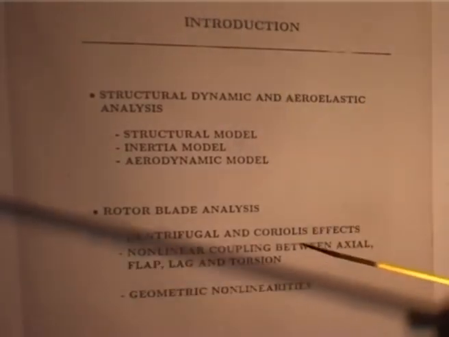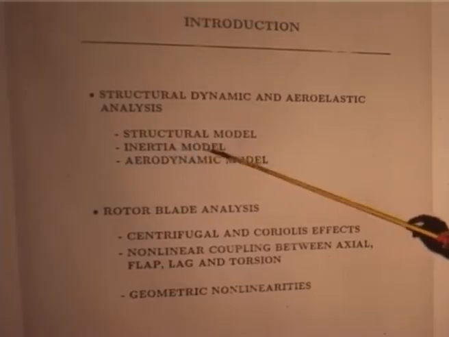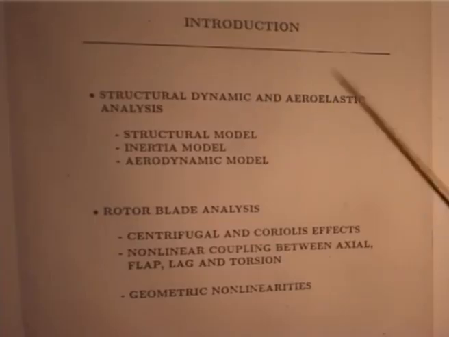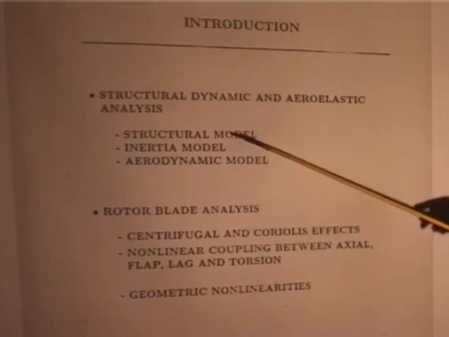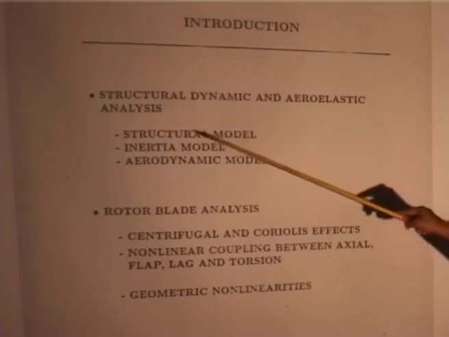It is a beam type structure, because a helicopter rotor blade is always analyzed as a beam. Then of course, you have to have an inertia model, then the aerodynamic model. These three if you have, you can study structural dynamics and aeroelastic analysis of rotor blades. People have spent their entire research career only on this, sometimes only modeling the structure.